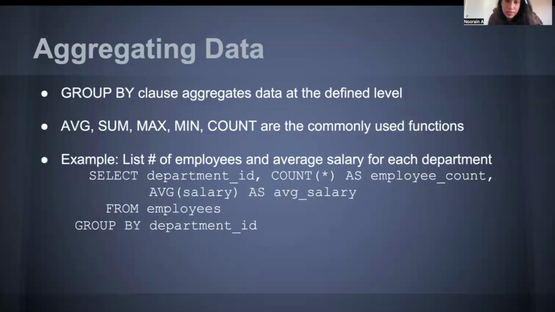So what this query is doing is counting the number of employees by department ID, and also giving the average salary by the department ID. So that's why in the group by, you have group by department ID. Say there are 5 departments, there would be 5 lines in this output, because you are saying for each department, tell me how many people and what's the average salary.